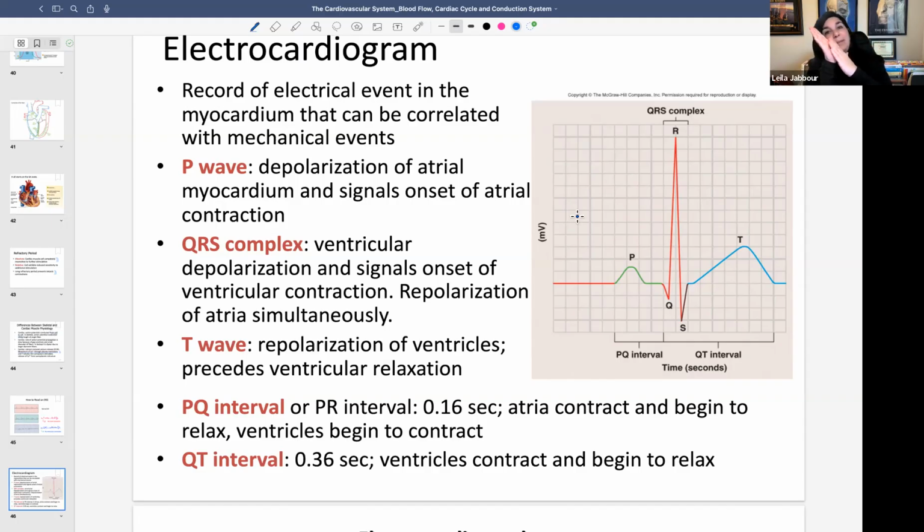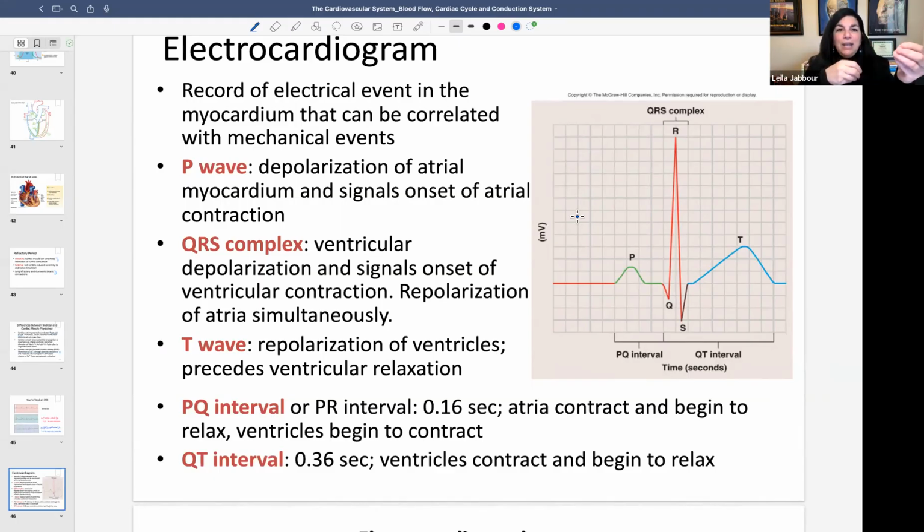So it's capturing that depolarization at an angle of where the heart is and where the lead is. And the combination of all of these captures creates this very specific graph that's the EKG.